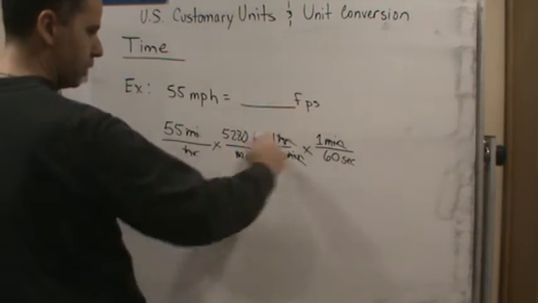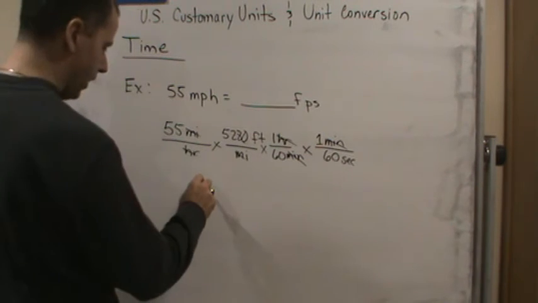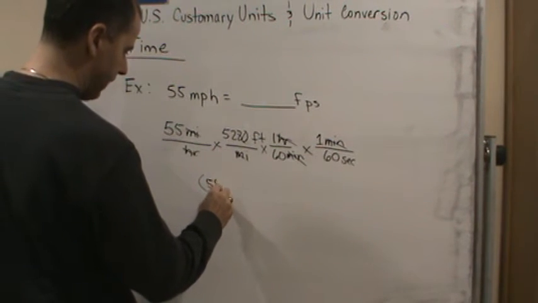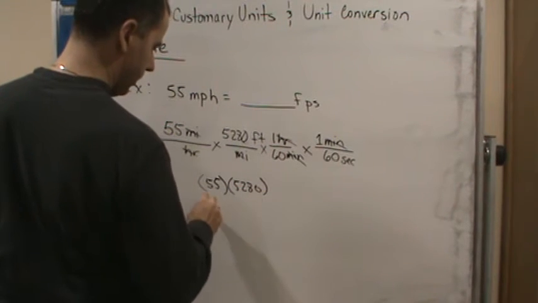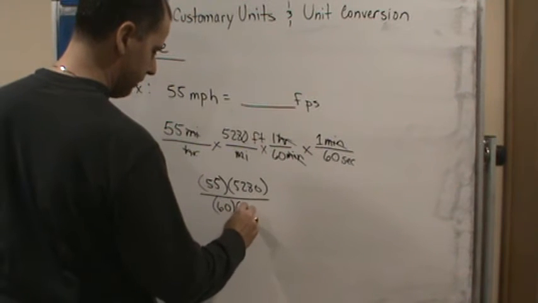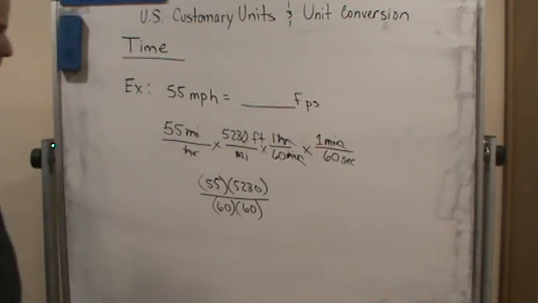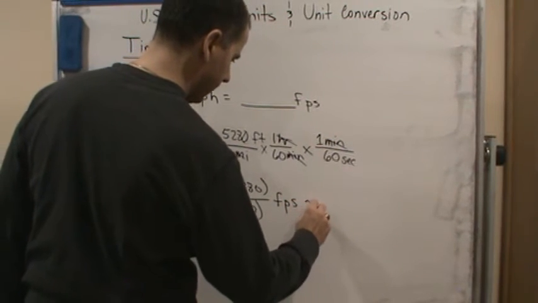Now all I have to do is multiply across the top, multiply across the bottom, and divide. So I get 55 times 5,280 divided by 60 divided by 60. And this is going to be feet per second.